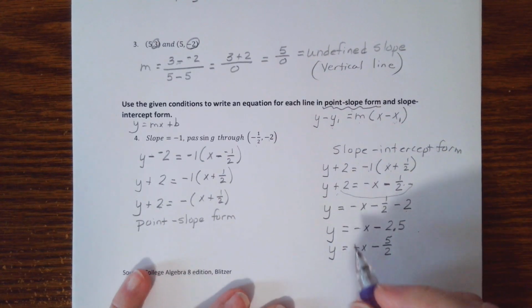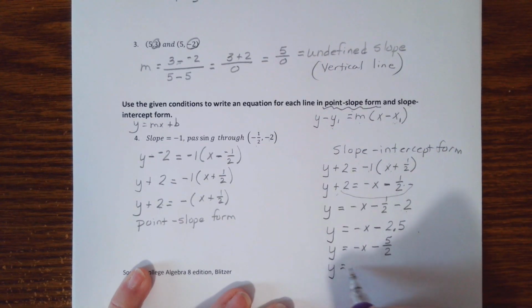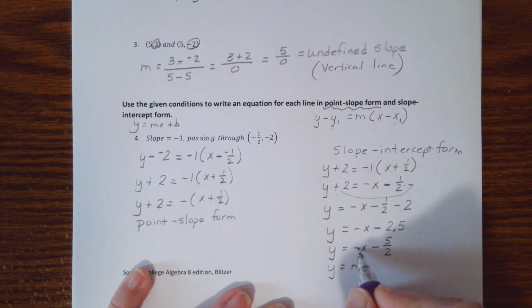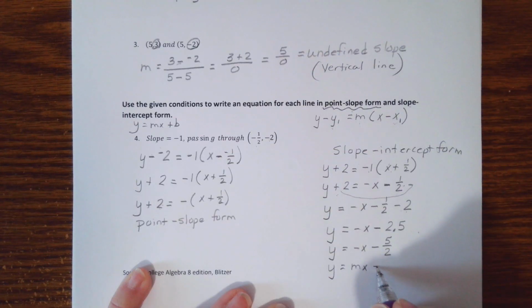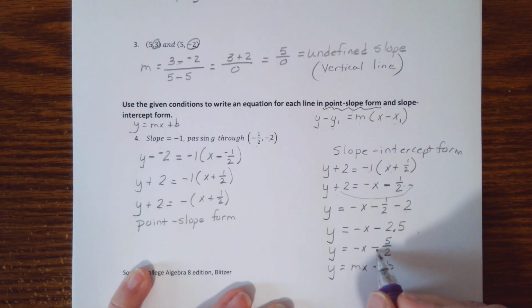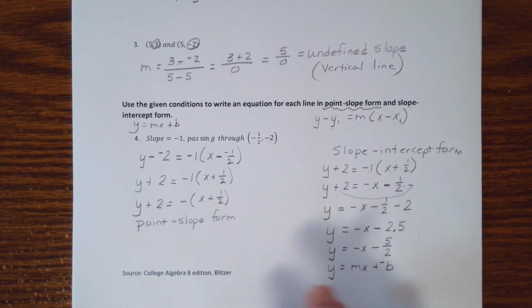Now this is in slope-intercept form. y equals mx, there's my negative 1 slope, minus, or plus a negative, and that's my b. My y-intercept is going to be at negative 5/2. All right, let's go on to the next page.